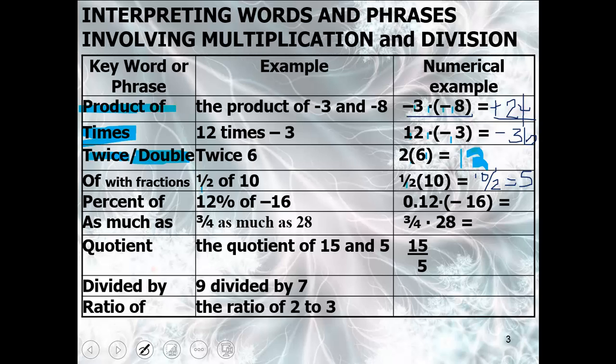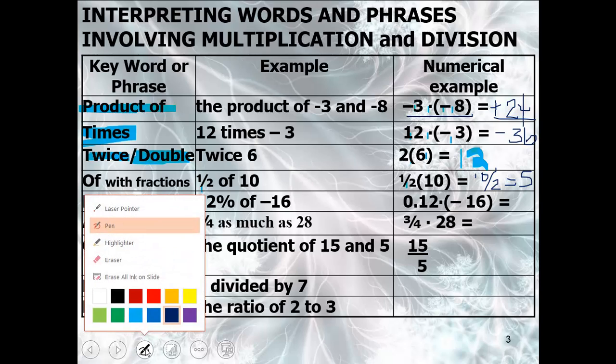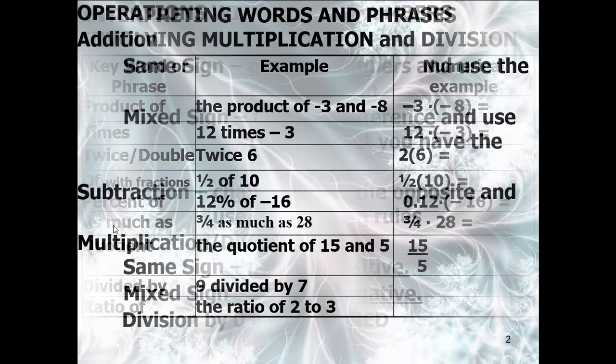Percent of is also implying multiplication. 12% of negative 16. Well, 12% is 12 parts out of 100.